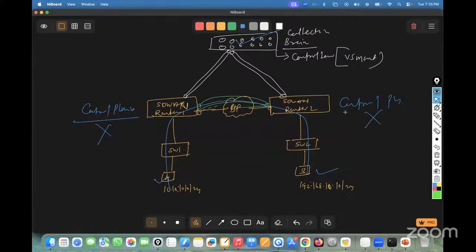All right, guys. Now we have a further device, which is the management plane. So now we have the control plane and the data plane. The data plane is basically these devices acting as the data plane. There is a third device which is known as the management plane.